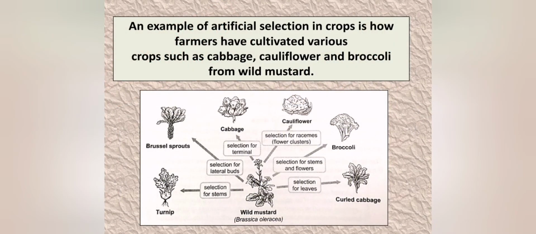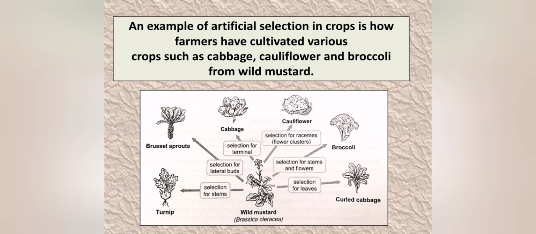An example of artificial selection in crops is how farmers have cultivated various crops such as cabbage, cauliflower, and broccoli from wild mustard. So many generations ago, one species of wild mustard grew in different variations, and each variant was specifically picked or selected by a farmer.